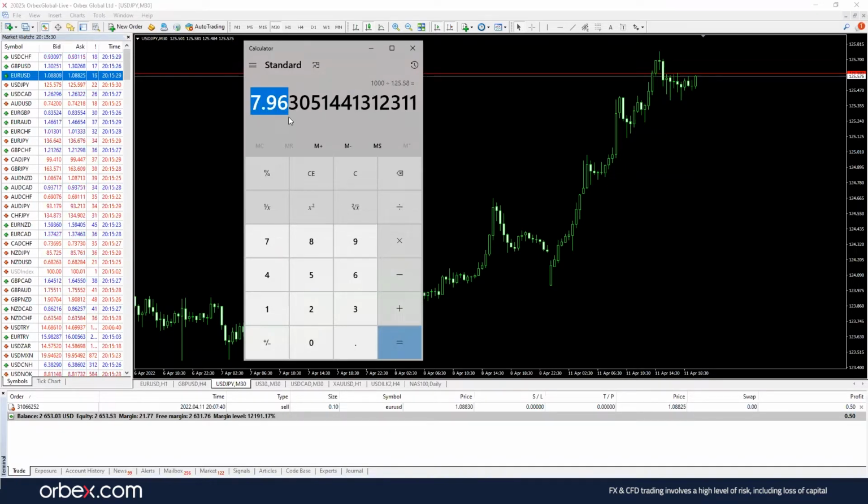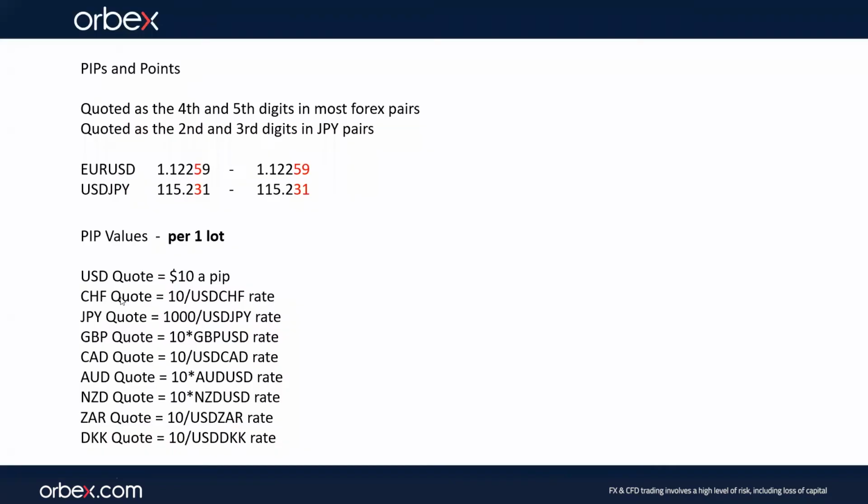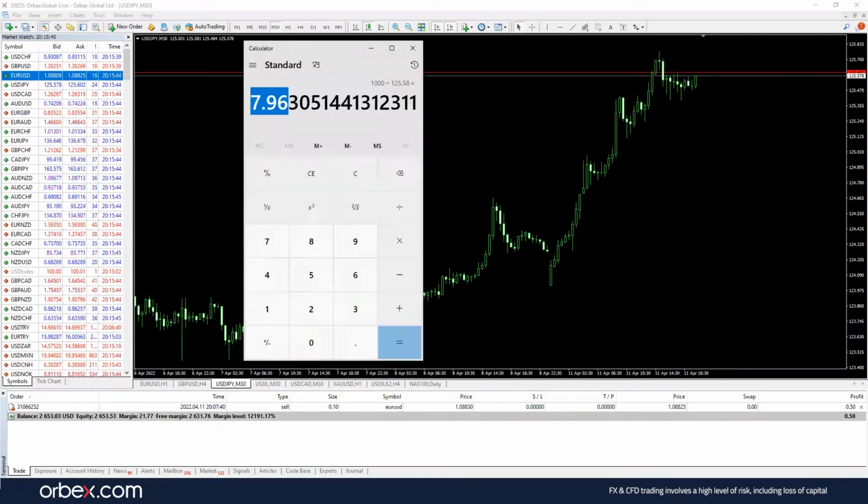We're just taking the 2 digits after the decimal point. Dollar CAD, won't go through all of them. I just want you to get a general understanding of what we're looking at here. So 10 divided by the dollar CAD rate. So what is the dollar CAD rate? 10 divided by 1.2628. So 7.91.